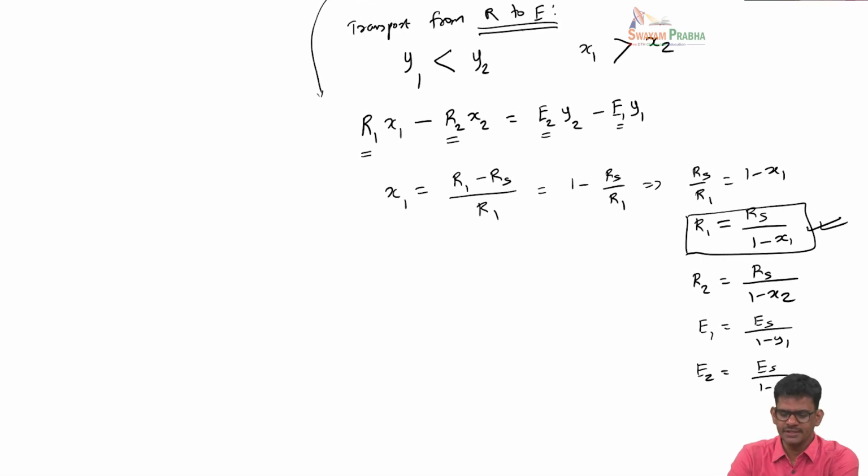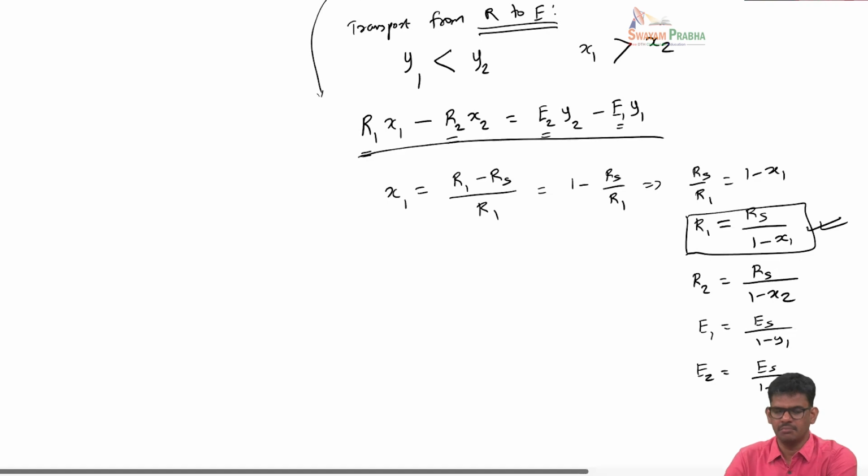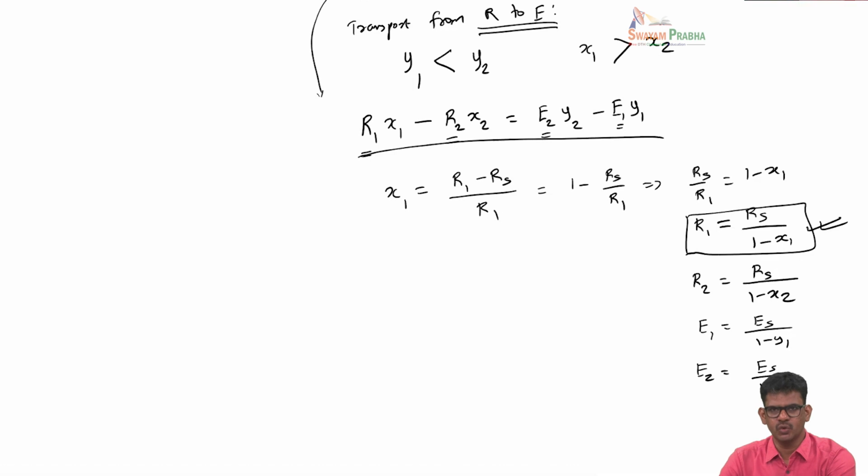So what I'm going to do is, in this mass balance equation, I'm going to replace R1, R2, E1, E2, all of them with respect to the solvent flow rates, Rs and Es.